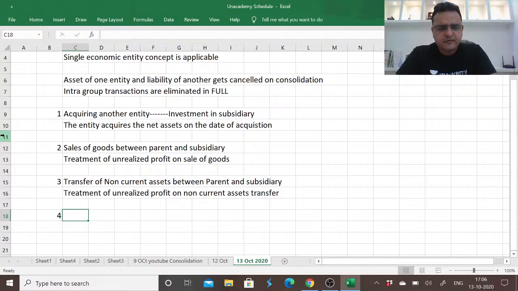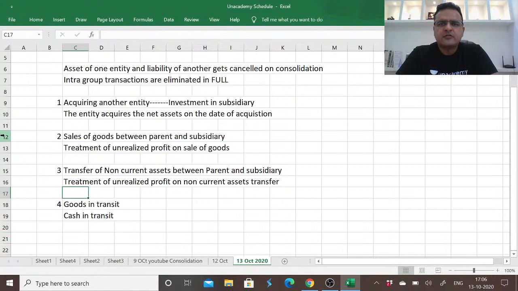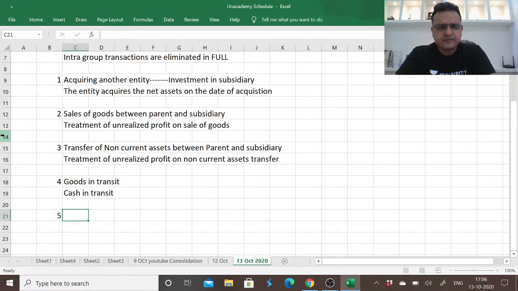Next is goods in transit, cash in transit, so these are some of the intra-group transactions, or intra-group loans between parent and subsidiary.